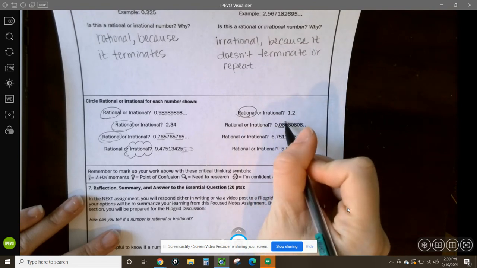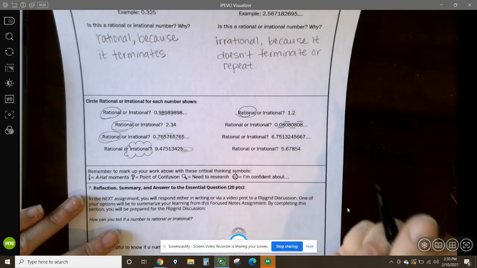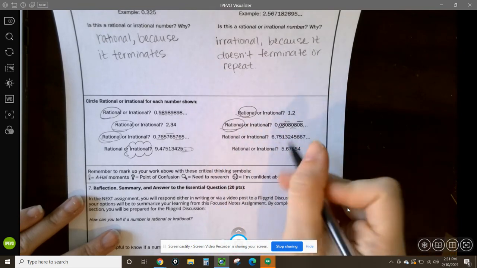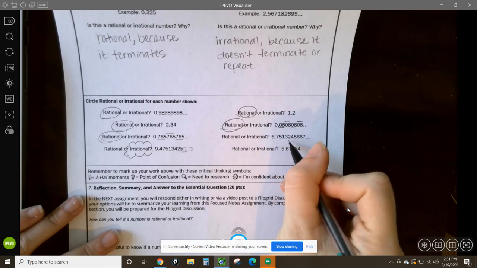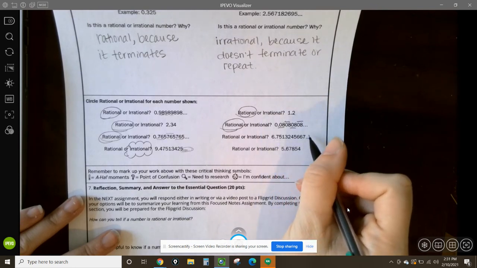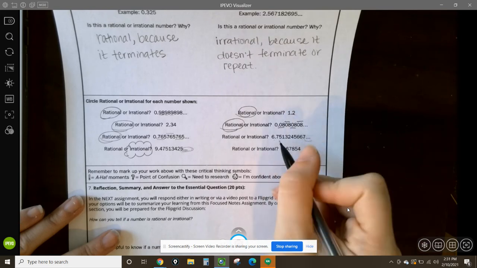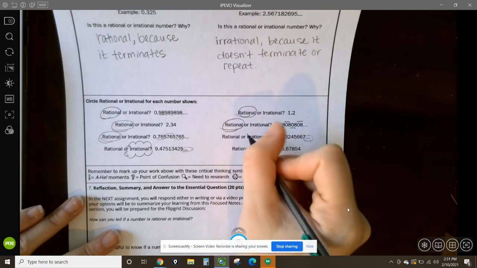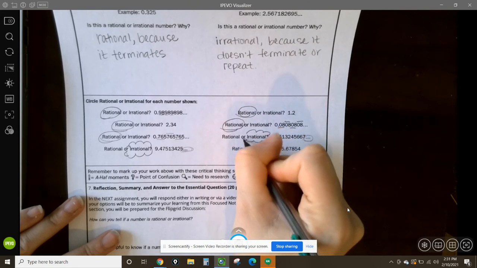I see that pattern of 080808. So that's repeating. So that's going to be rational. 6.7513245667. ... So I don't see a repeating pattern, and it doesn't terminate because it's got ... So that must mean this one's irrational.